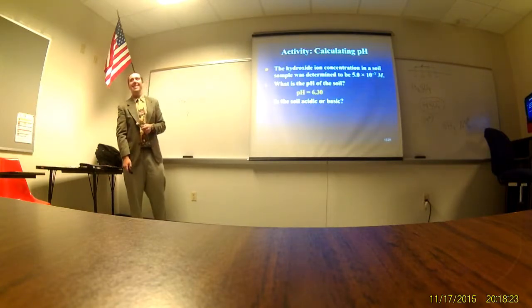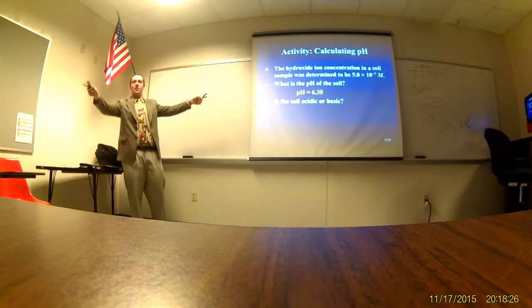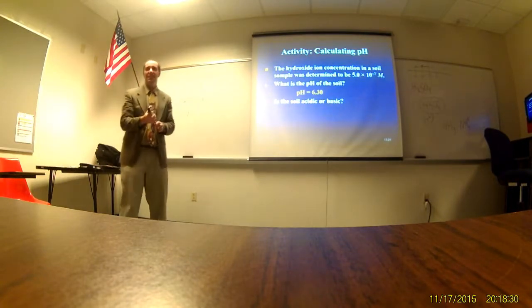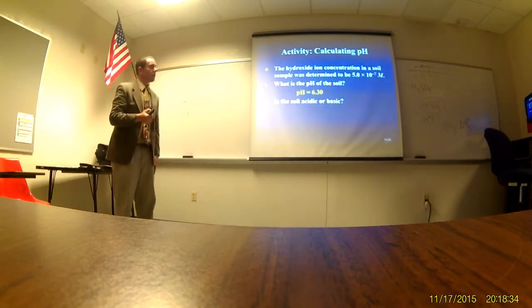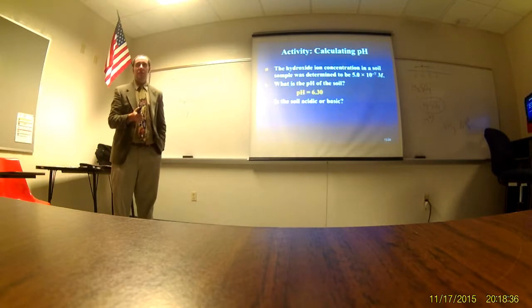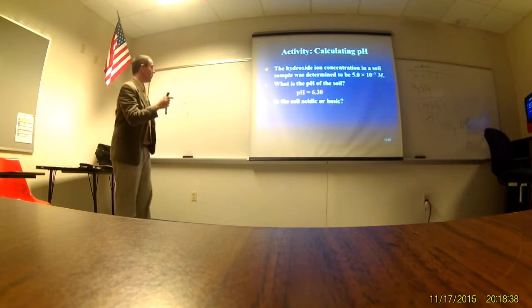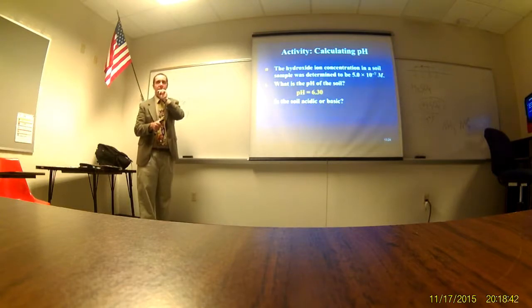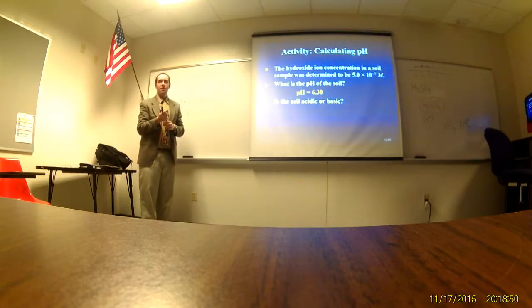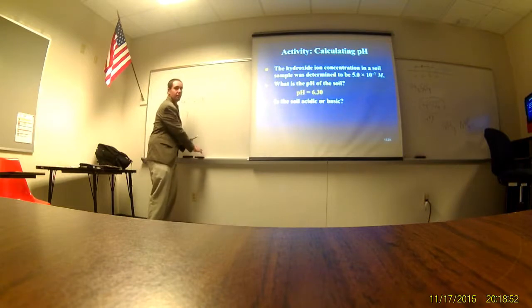Is that wrong or is he wrong? I think that's wrong. It's the PowerPoint that's wrong. 1 times 10 to the negative 14 divided by 5 times 10 to the negative 7 is negative 8.